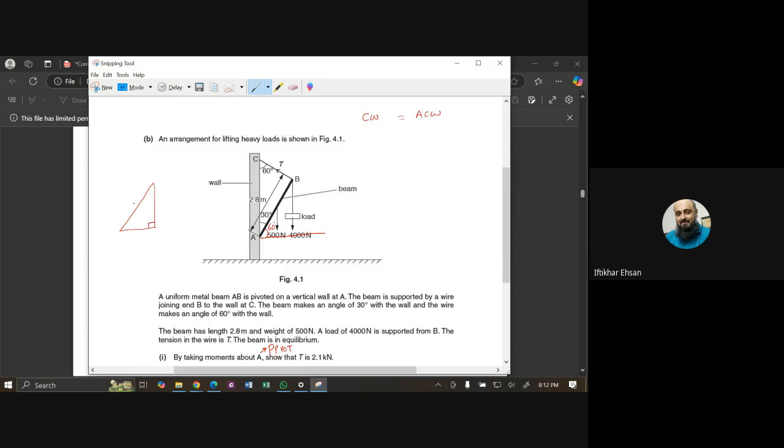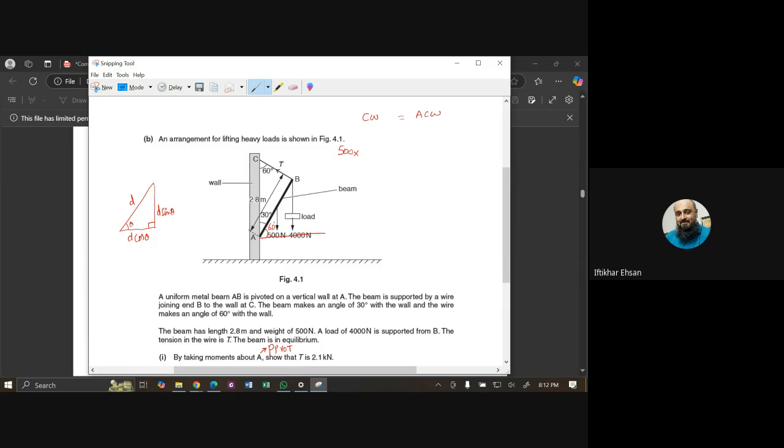If there is a distance d and there is an angle, then the side adjacent to the angle is hypotenuse times cos theta, and the side opposite is equal to hypotenuse times sine. Now, the clockwise forces are 500, and 500 is the weight, I guess. So the weight now is in the middle.